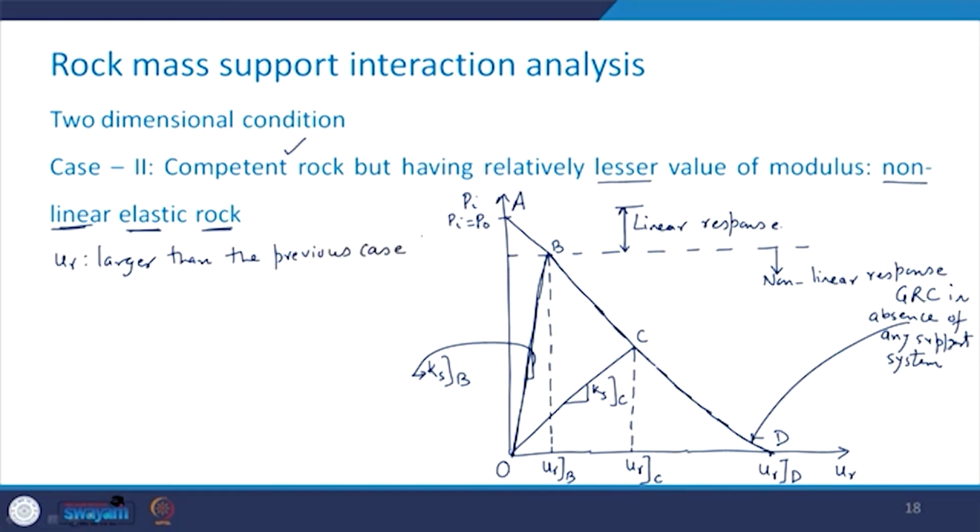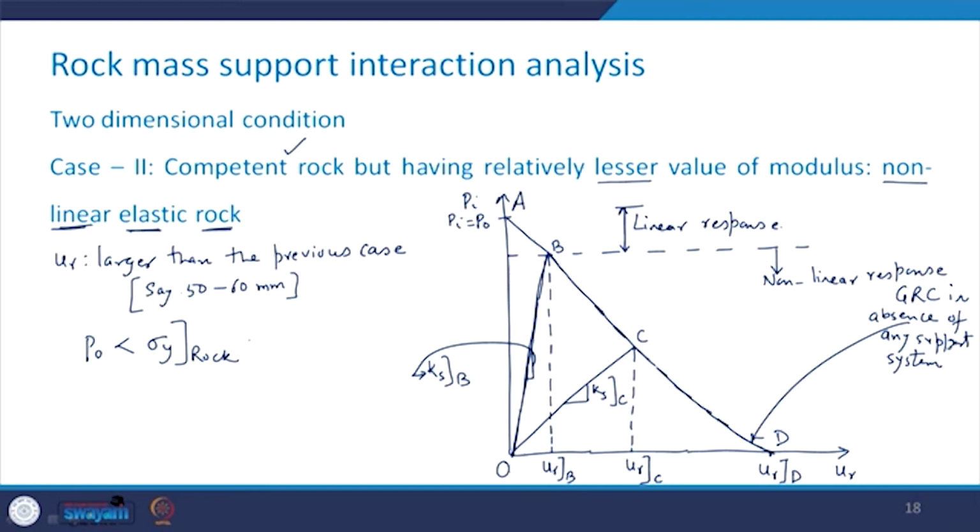because in the previous case it was the competent rock but having a good or better value of the modulus, so the behavior was linear elastic. In this case it can be maybe of the order of say 50 to 60 mm. In this case, this P naught is less than sigma y of the rock.